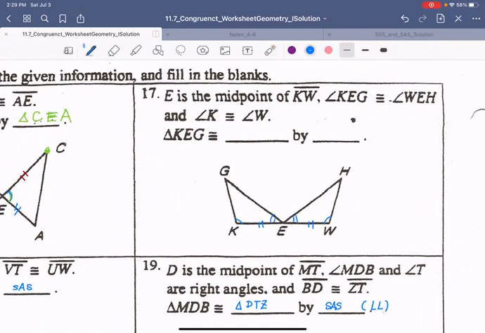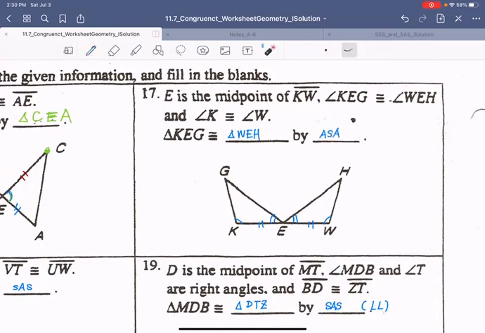Triangle KEG is congruent to triangle WEH by angle side angle. KEG, WEH, angle side angle.